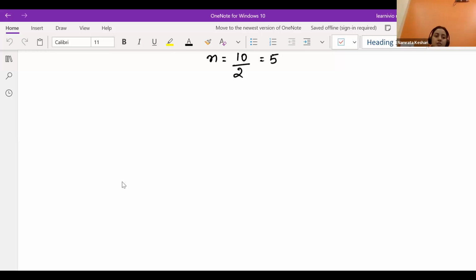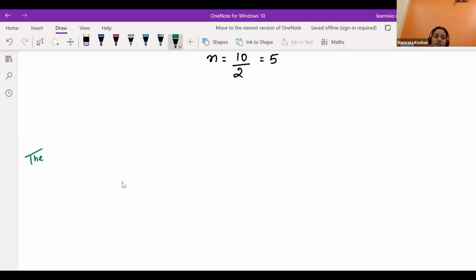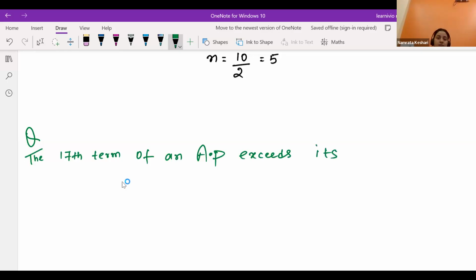The question is: the 17th term of an AP exceeds its 10th term by 7.